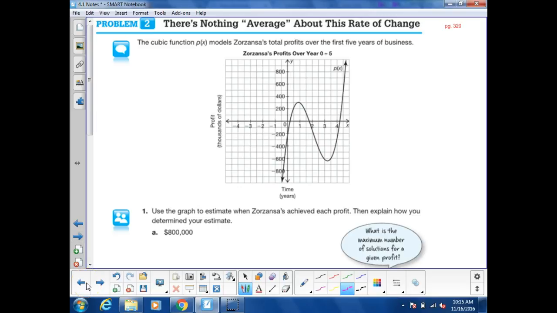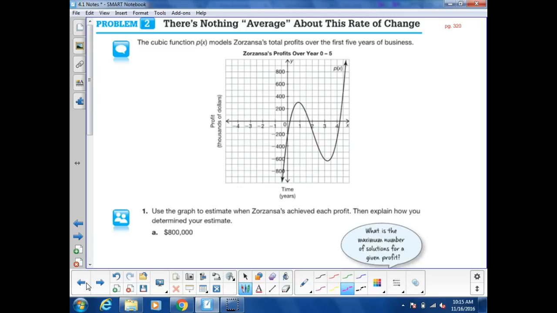Alright, and we're back. So, Zorzanza's profits. Now, let's talk a little bit about Zorzanza, the fabulous pizza place. We had a profit model like this before. Actually, it wasn't a profit model, it was a volume model before, correct?